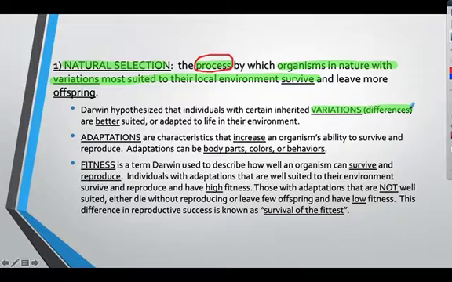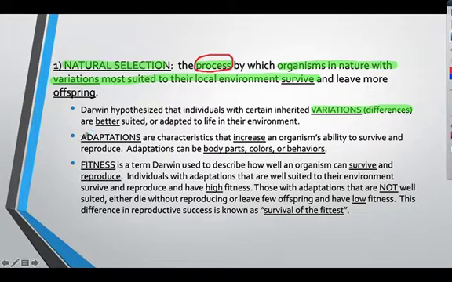Some of them are going to have bushier tails, some of them are going to have slightly different color coats. Some of them are going to be fatter, some of them are skinny. And those slight variations can sometimes make them better suited to their environment. That could be with squirrels, different types of plants, different types of insects, but they all have those variations within a species.